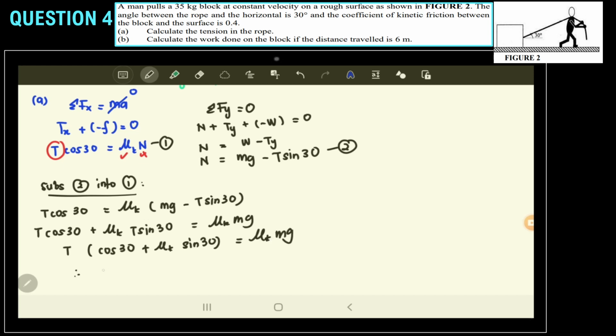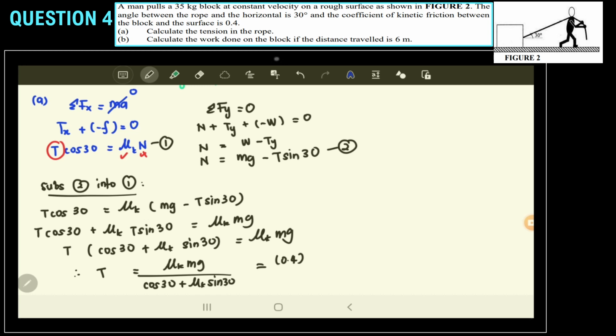Therefore, T is equal to mu k mg over cos 30 plus mu k sin 30. So let's substitute all the values. So mu k is 0.4. This one is mu k mg.